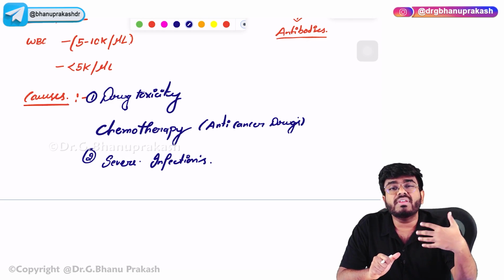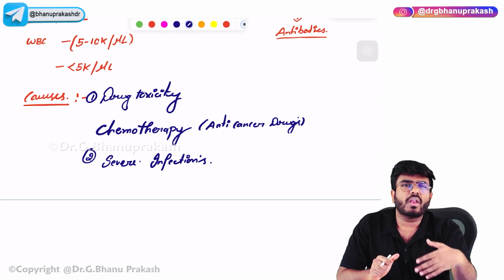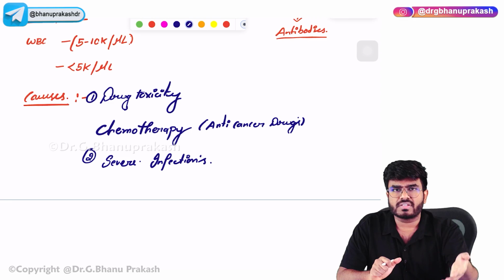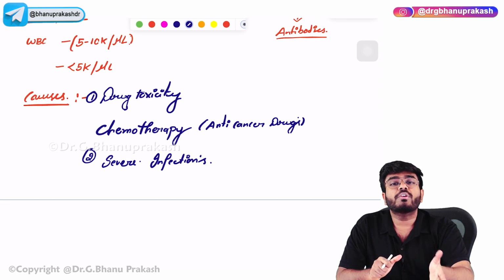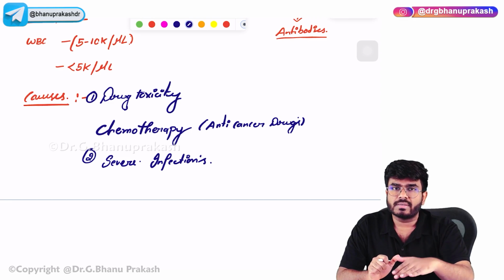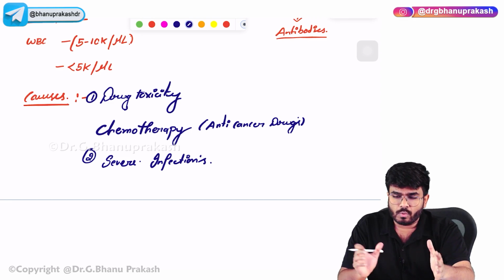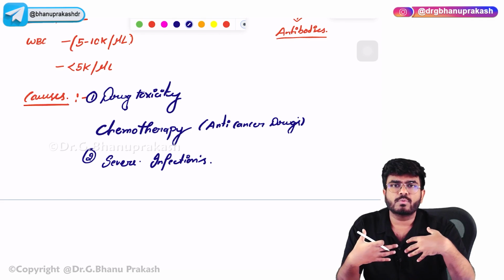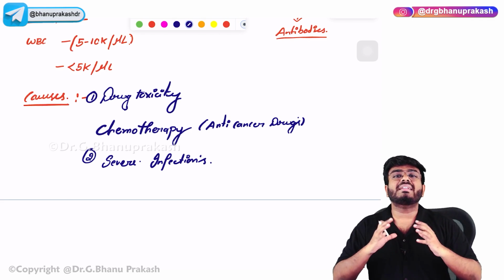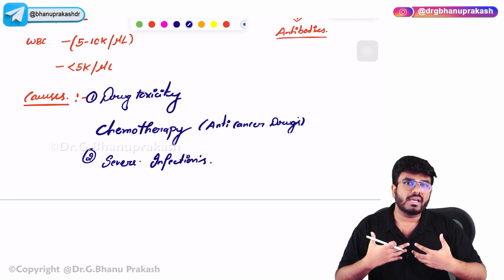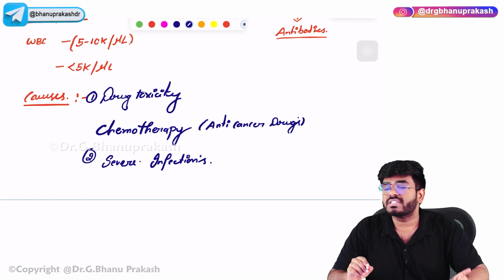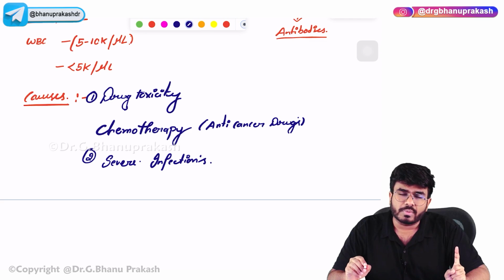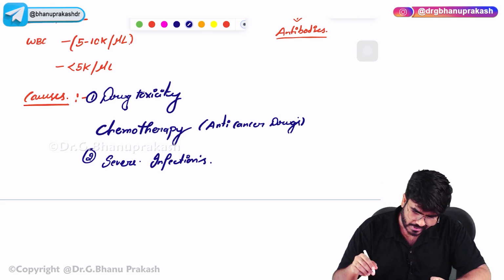But in a severe, prolonged infection, most of the WBCs have moved into the tissues. For example, if there is severe infection in the lungs, most of the WBCs go to the lungs to contain the infection. So the WBC count in the blood decreases, and there can be leukopenia.